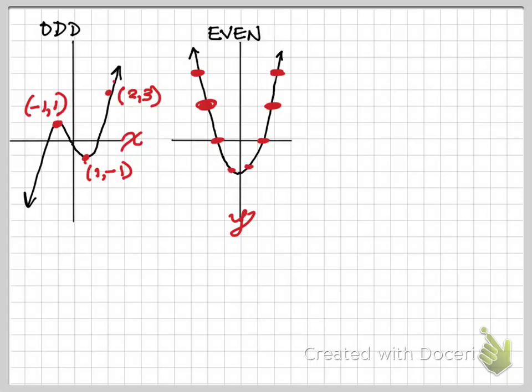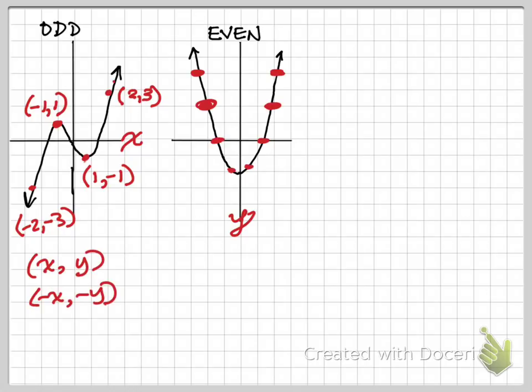I'm going to have the point down here at -2, -3. I want to do the opposite of both of them. So the general statement would be for every x, y, I'm going to have -x, -y.